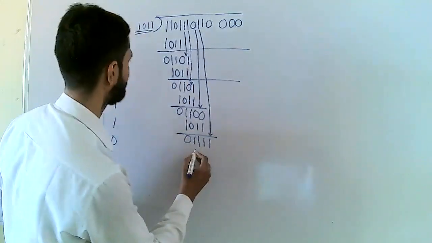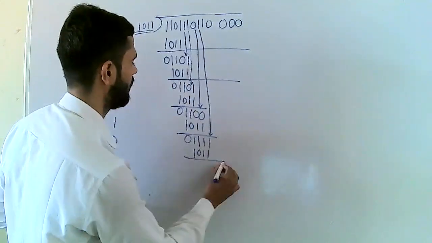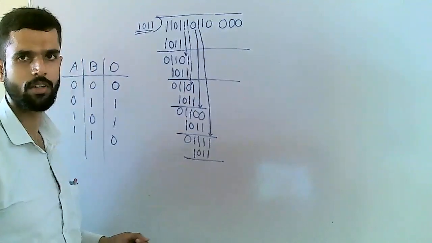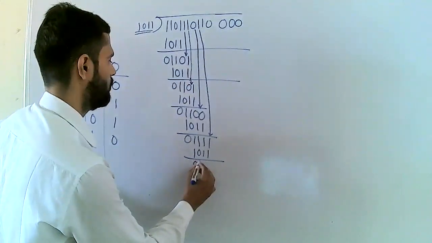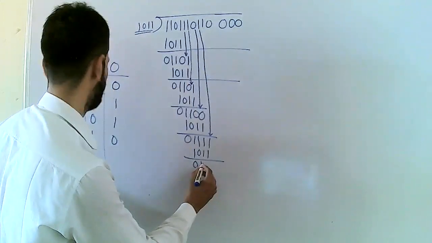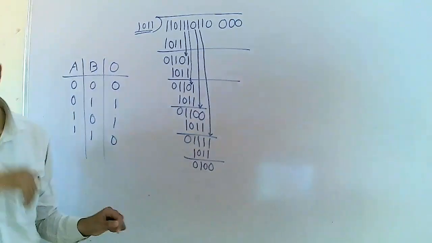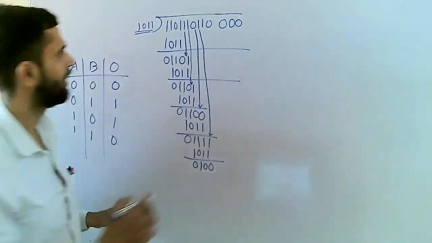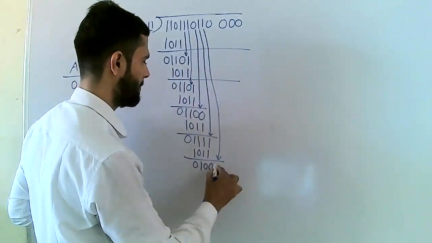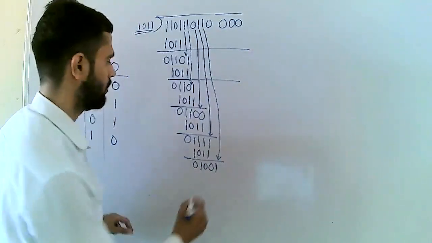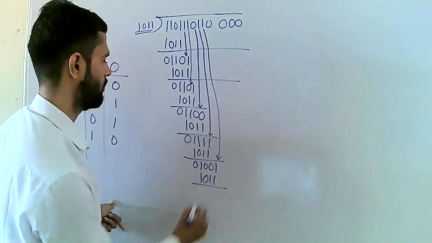So as the length is 4, we have to maintain this condition. Again perform the operation, that is both the values are 1, then output is 0. For this that is 1, for this that is 0 and 0. So again take this one, 1 0 1 1.